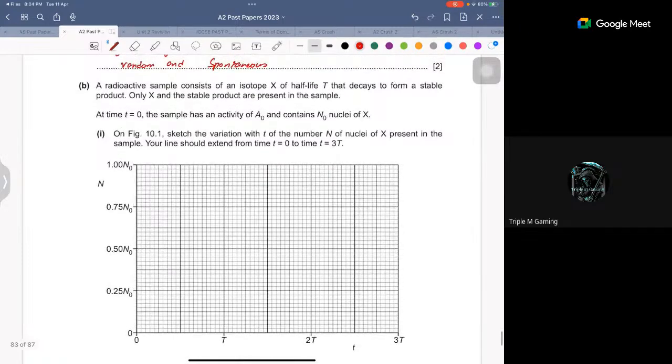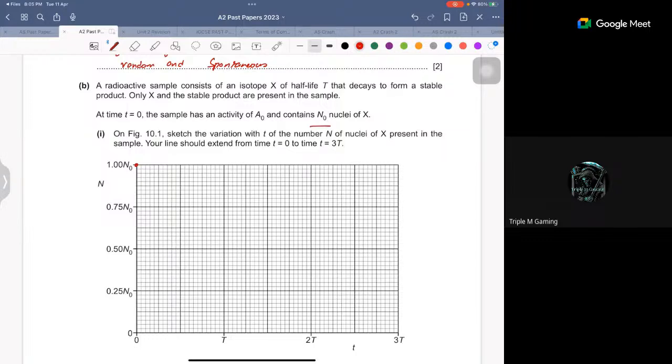It says consider radioactive isotope X with half-life T. A radioactive sample consists of isotope X of half-life T that decays to form a stable product. Only X and the stable product are present. At time zero, the sample has an activity of A naught and N naught nuclei. So it starts here, and sketch.